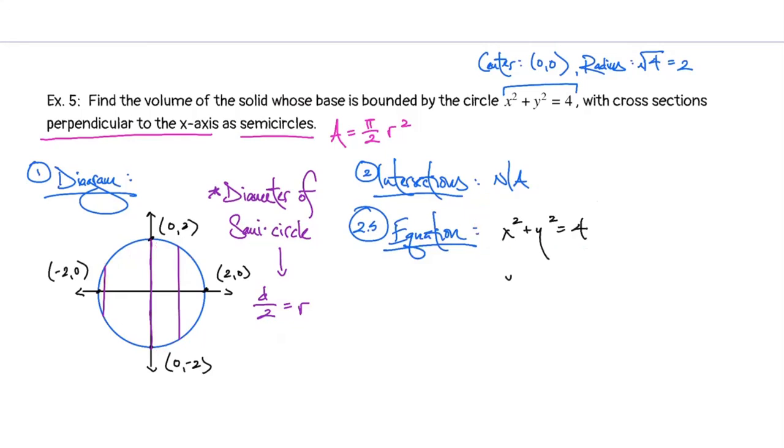So y squared equals 4 minus x squared, y equals, whoa, plus minus square root of 4 minus x squared. If you continue to simplify to 2 minus x, listen, that can't happen. Okay, it can't happen.